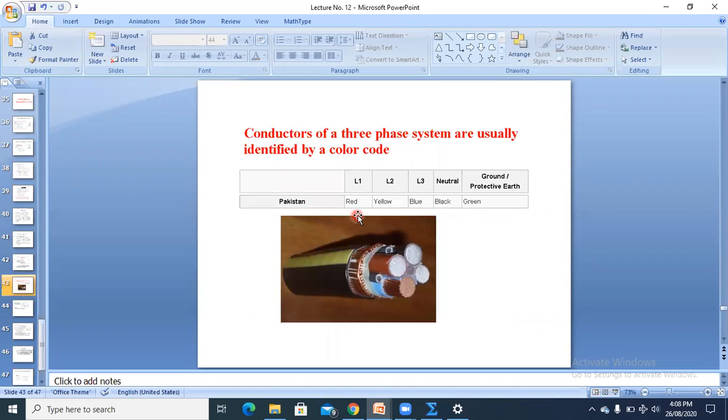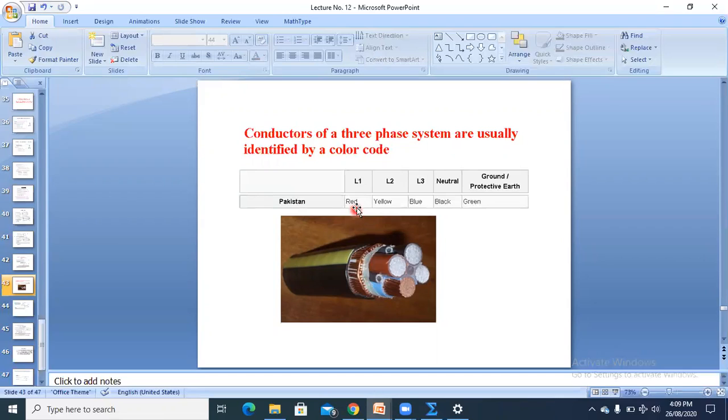So in this three-wire system, we use some cables for transmission. So the overhead cables are in fact using a different sort of physical structure as compared to the underground cables.